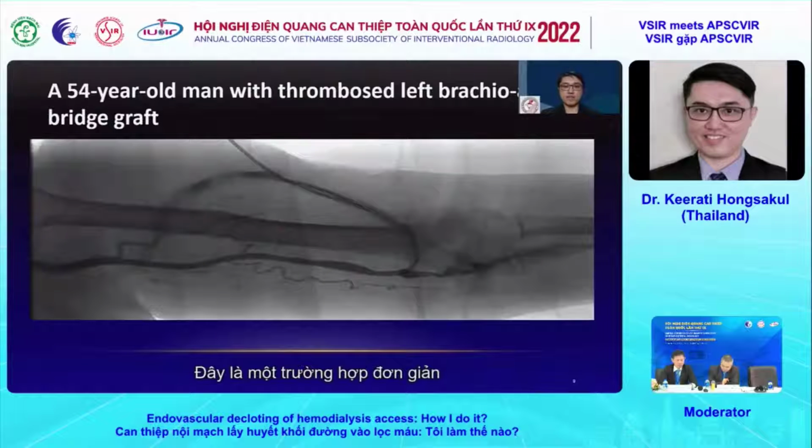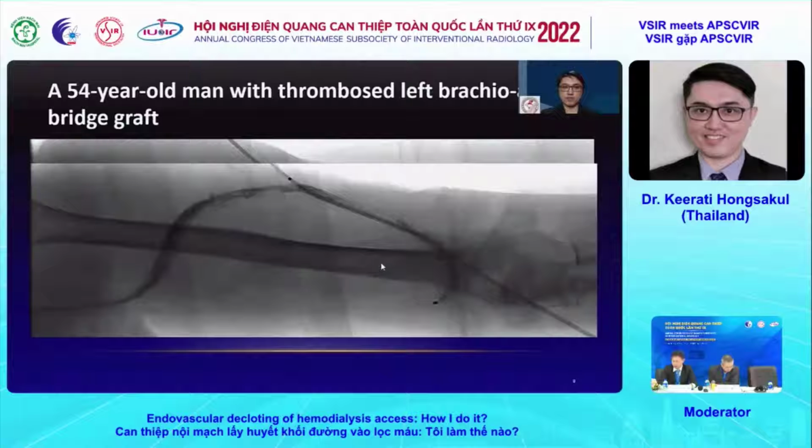This is an example case. This patient has thrombus of the left brachioaxillary loop graft, and we inserted sheaths for the proximal and distal, and then used the catheter infusion for pulse spray thrombolysis.